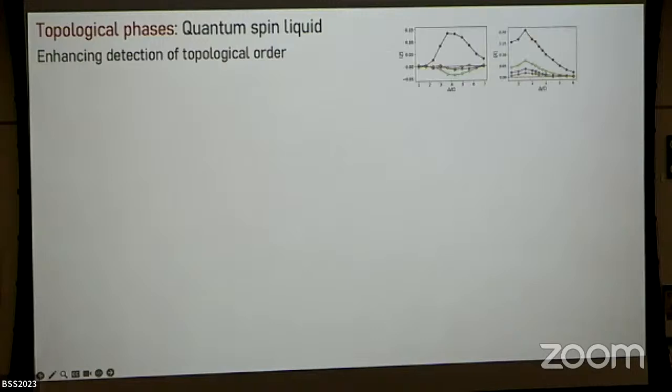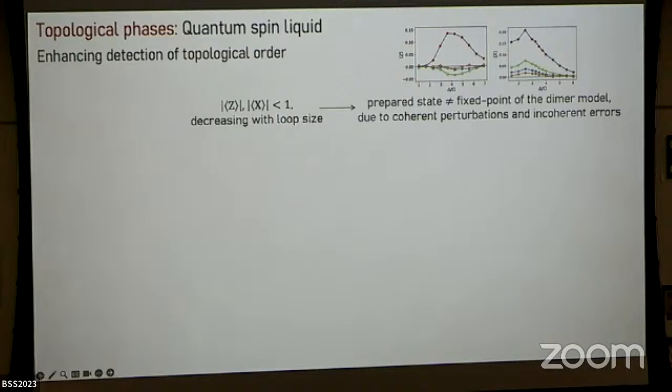So one more thing that I want to show you here is, as I mentioned, we see that the expectation values are smaller than 1, and they also decrease with the loop size. They decrease with the loop size for obvious reasons. If the loop is larger, then you have a higher chance of having defects inside. So this has 2 reasons. One, the prepared state. The Hamiltonian that we have here is not the fixed point Hamiltonian for the dimer model.